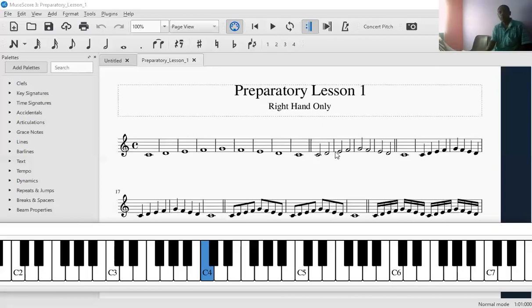Now the last one is 4 counts. So I extended this note up to 4 counts. This is the last on C. Now we're going to go to the next set of notes.